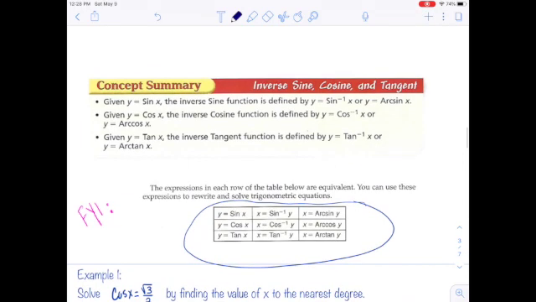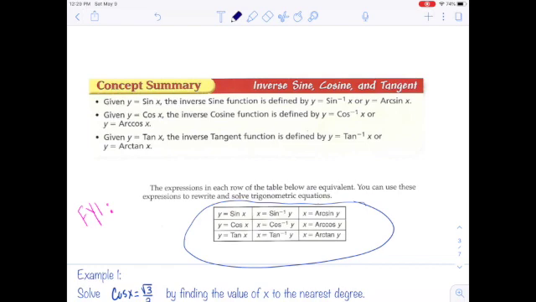Okay, let's see. A few key points that you need to understand. They do call this two different things. So if you run into anything called arcsine or arccosine or arctangent, it's just talking about the inverse function.